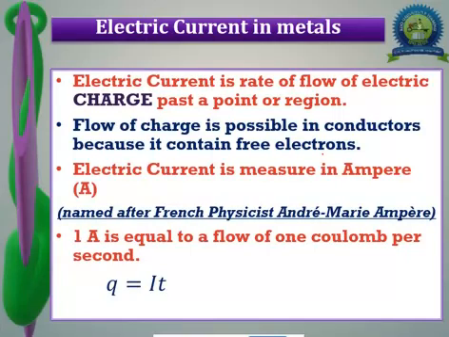Metals are our interest this afternoon. We are interested in looking at electric current in metals. Electric current is defined as the rate of flow of electric charge in a region or portion of a metal or conductor. Flow of charge is possible in conductors because conductors contain free electrons.